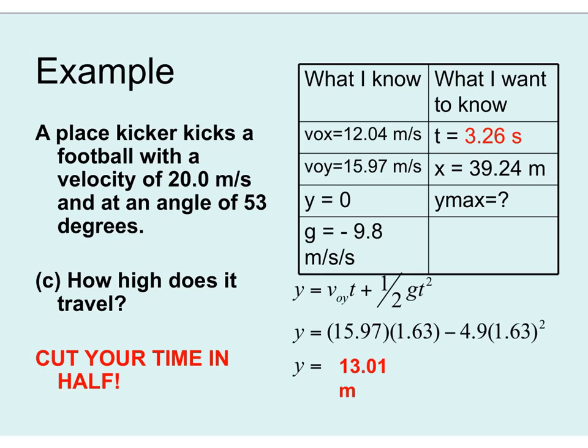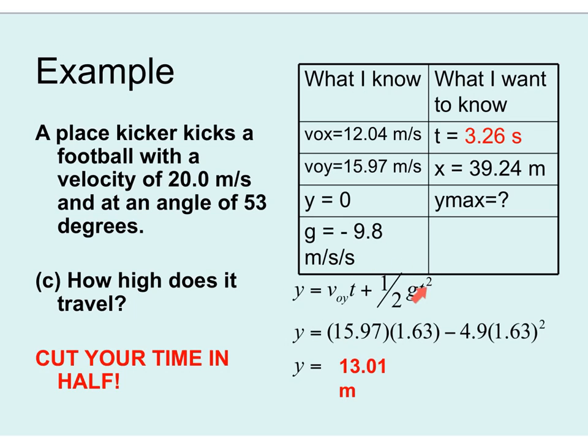Now we're asked to determine how high the ball traveled. Now remember, the ball is going to go up and it's going to come back down. And for it to go up and come back down, it took 3.26 seconds. So we're just looking at going up, and so we're going to cut our time in half.